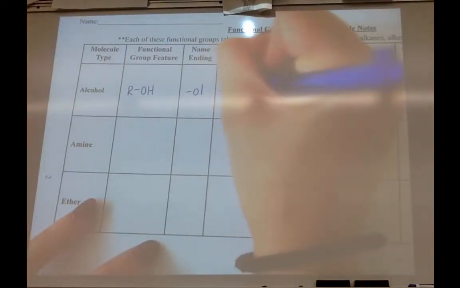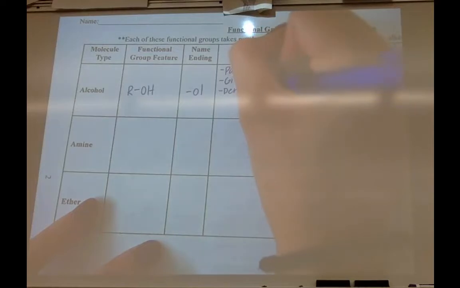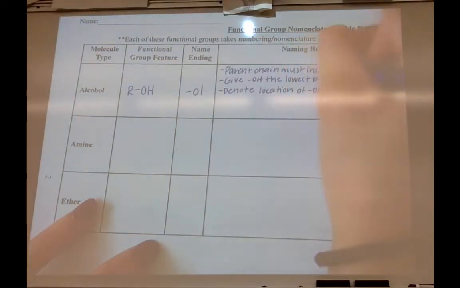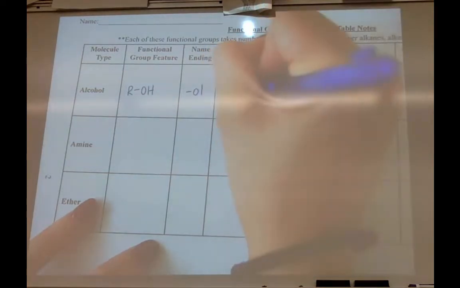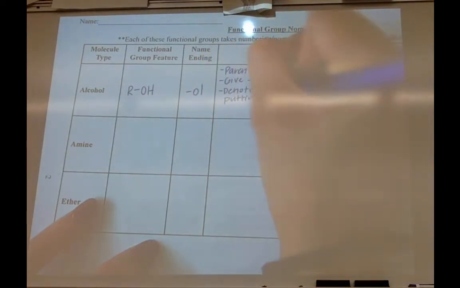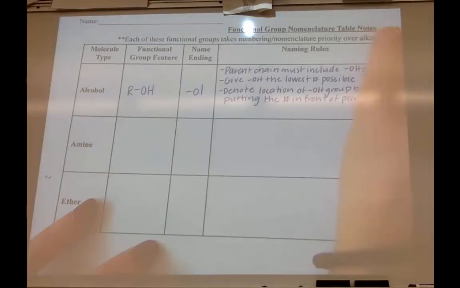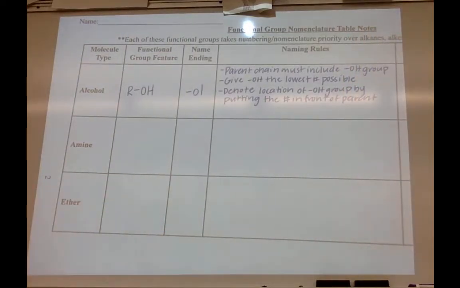We have to make sure that we denote the location of the OH group. Which means we need to tell the location of the OH group by putting the number in front of the parent name. So like 2-pentanol tells you that the alcohol is on carbon 2.